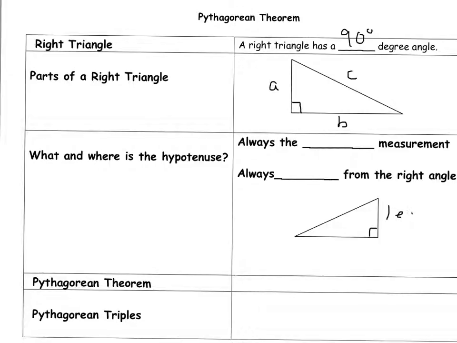Both of the sides that form the right angle are called legs. And legs are interchangeable.